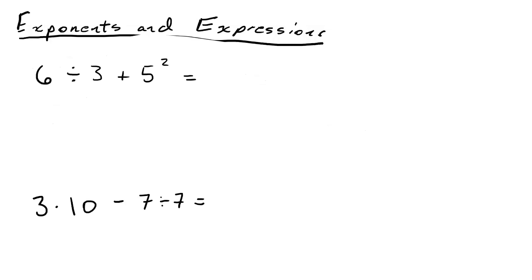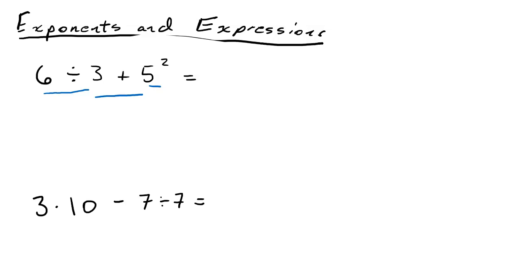Here are 2 expressions that I've written down, and we are going to use the PEMDAS rules that we just went over in order to solve them. So first we have this expression where we have 6 divided by 3, we have 3 plus 5, and that 5 is squared. These lines are just to highlight the different operations that are being used.